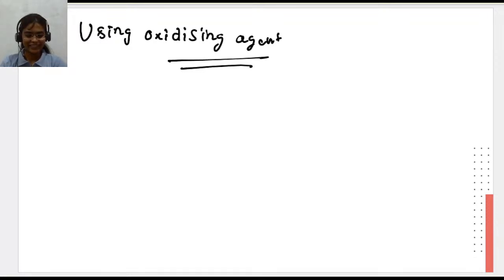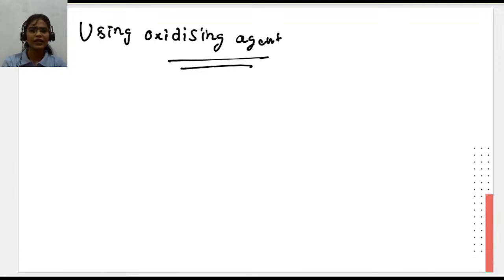Please name any kind of oxidizing agent, at least the famous one. KMnO4, K2Cr2O7. Correct answer is KMnO4. You can use K2Cr2O7 as well, but K2Cr2O7 is not as strong as KMnO4.